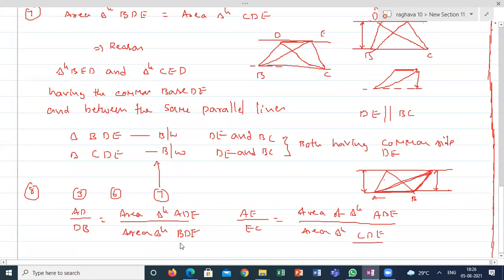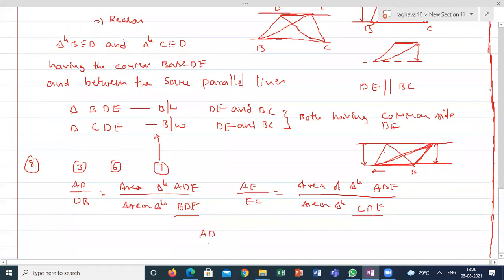And we proved that the CDE area and BDE area are the same. From this I can write AD by DB is equal to AE by EC, which is the required proof.